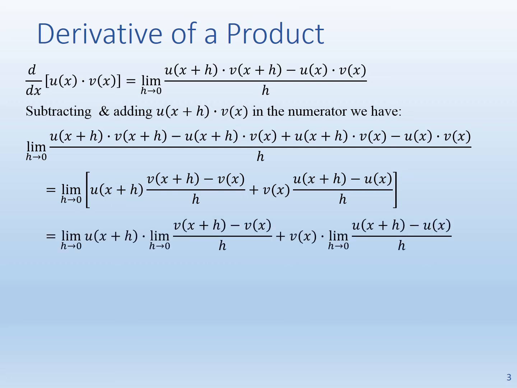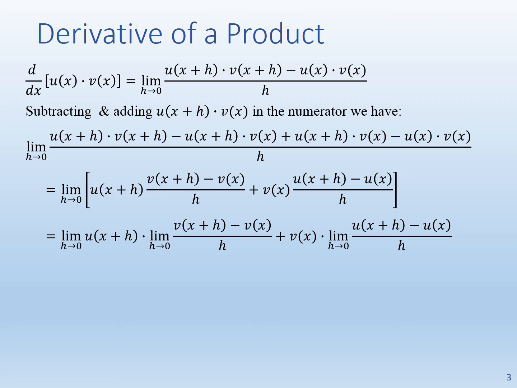We did that so that we can separate these out. This part is sitting over here, and this part is sitting over here. The limit of that times that is the same as taking the limit of the individual ones and then multiplying them.